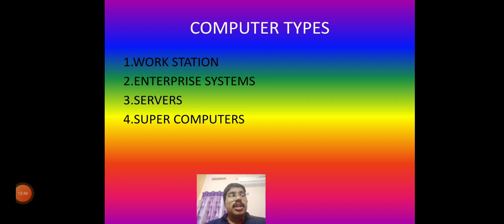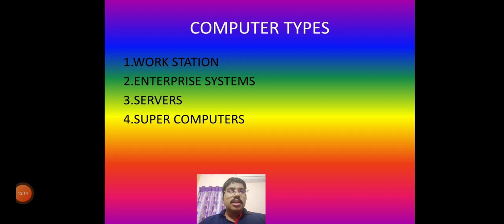Enterprise systems are used in a company. Servers are used to store a lot of data, and they have the capability to hold a large amount of data, so that whenever you are performing some group task, the entire data is stored in the server. Supercomputers mean high speed of calculation and high data storage capability.